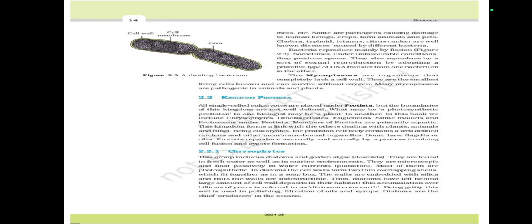And thus, the diatoms have left behind a large amount of cell wall deposits in their habitats. This accumulation over billions of years is referred to as diatomaceous earth. Being gritty, this soil is used in polishing and filtration of oils and syrups. Diatoms are the chief producers in the oceans.